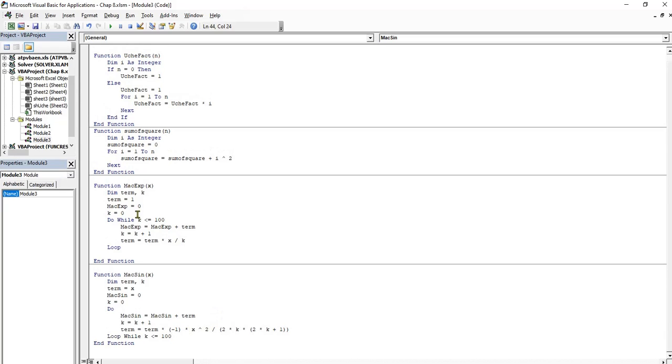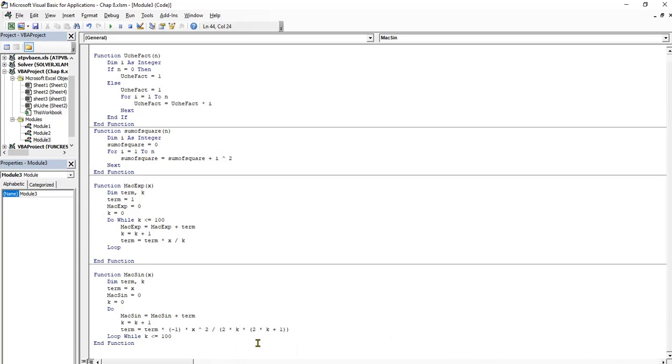If you look at the first one, the Maclaurin series for e raised to power x, we used Do While k is less than or equal to 100, then the statement, then you loop. But for this one, you have the Do, you have the statement, you now say Loop While k is less than or equal to 100.